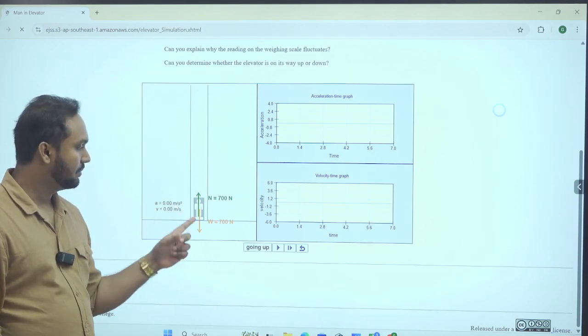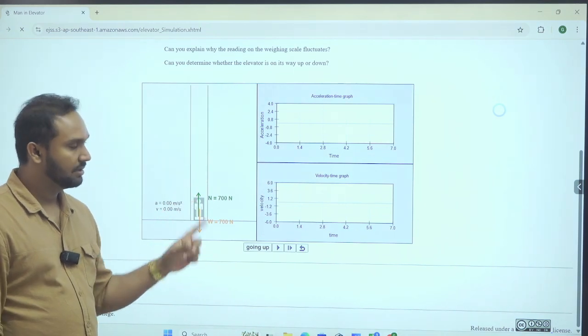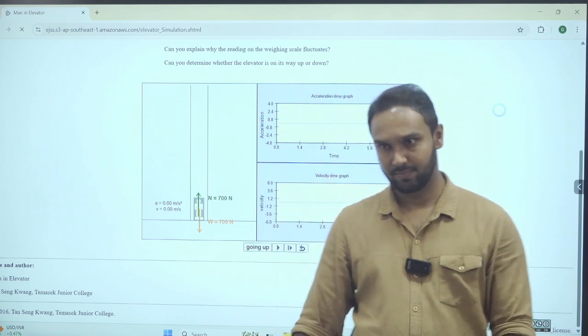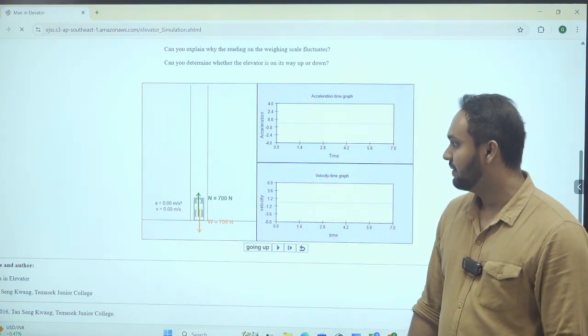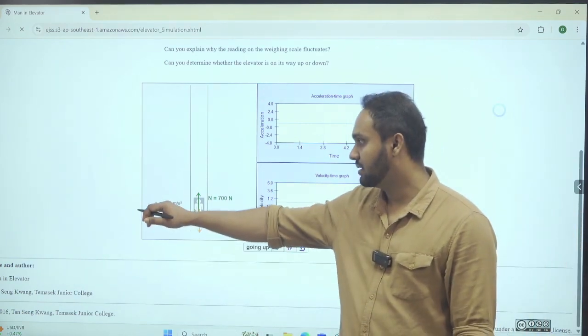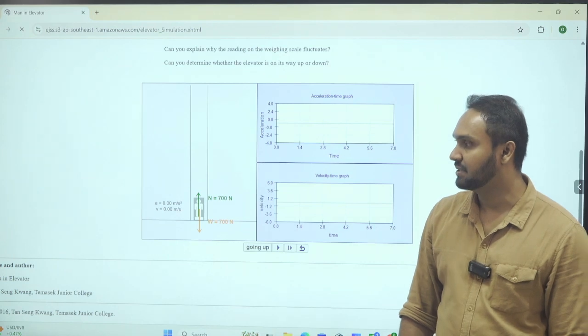And now the weight acting downwards and the reaction force are the same, 700 and 700. And when it's moving up in an acceleration, right? Now here the acceleration is still 0. What should happen when it's accelerating upwards?